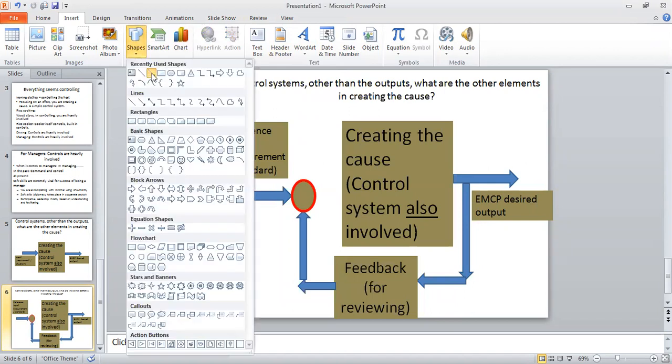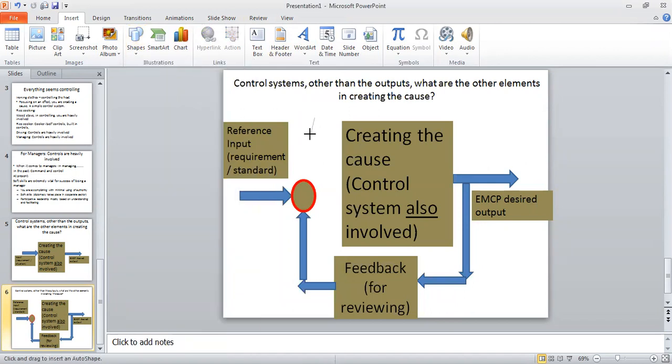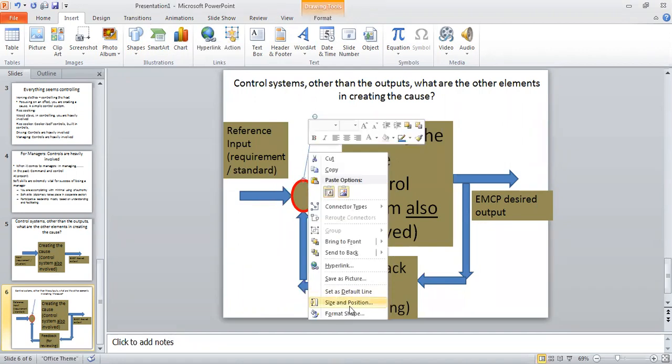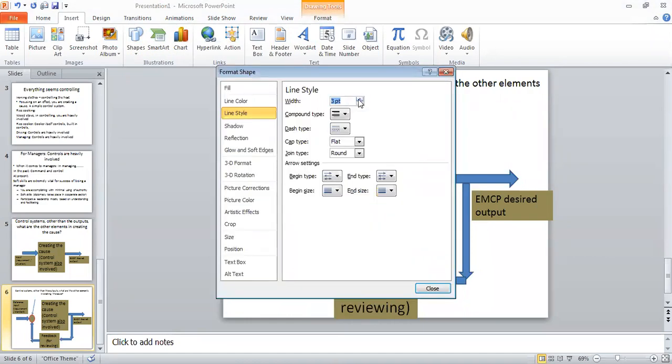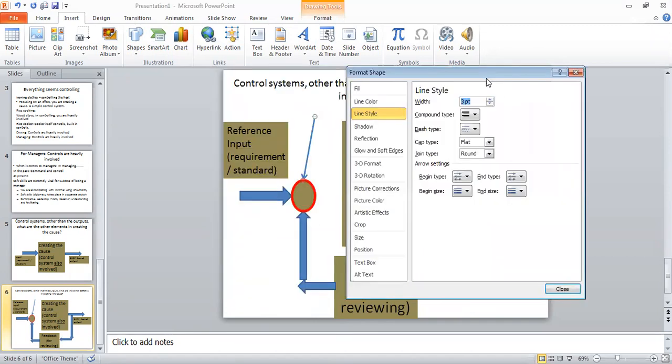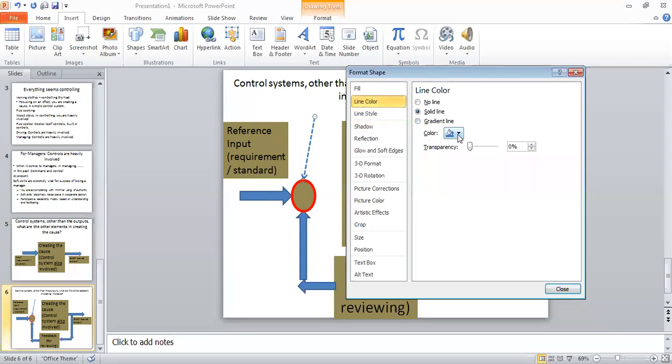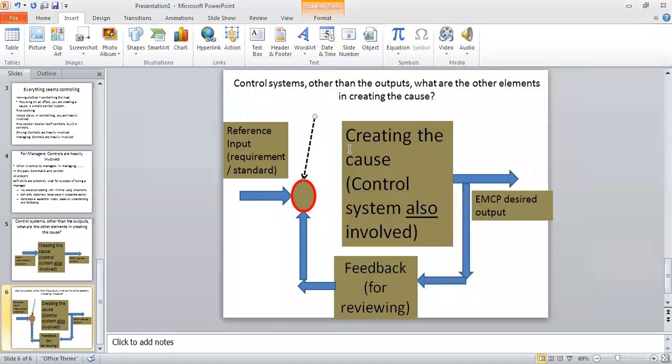So let's name this. Here we do this comparison.